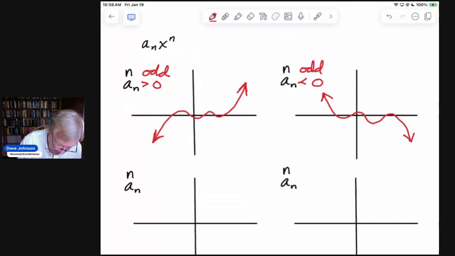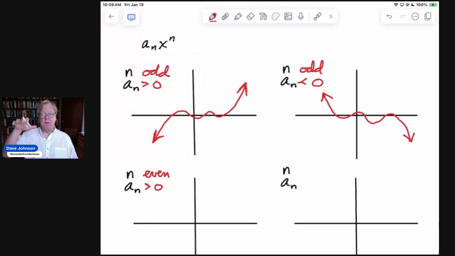Now, what happens if n is even? So we have an even degree polynomial, so 2, 4, 6, 8, and so on. Let's suppose that a sub n is greater than 0, in other words, the leading coefficient is positive. An example of that would be x squared, the parabola, which starts high and ends high, right? For a general polynomial, we may have turning points in between, so I like to draw it this way.